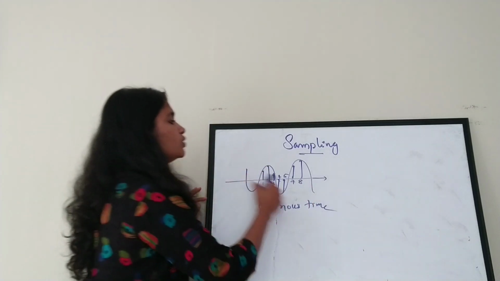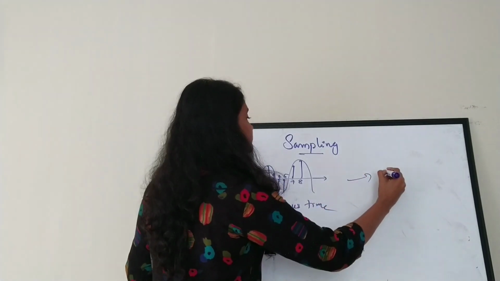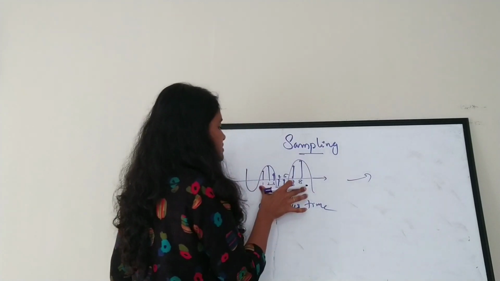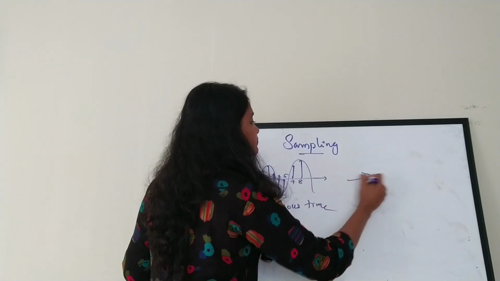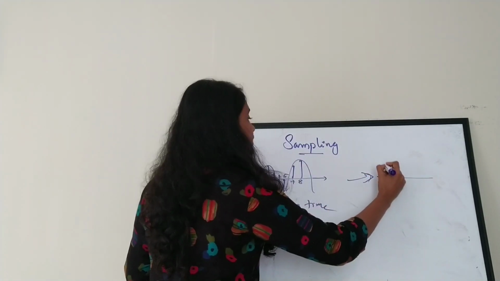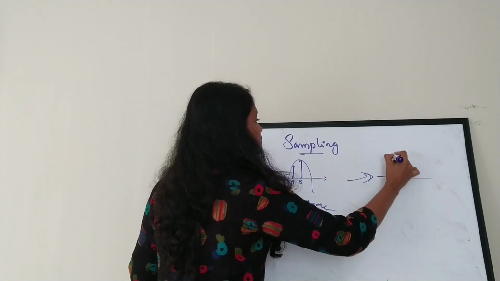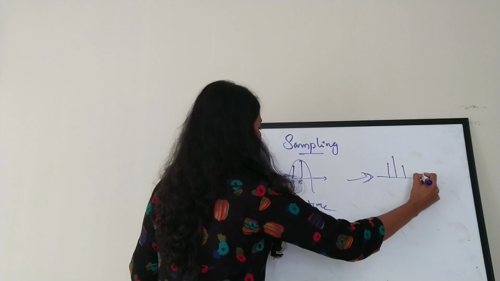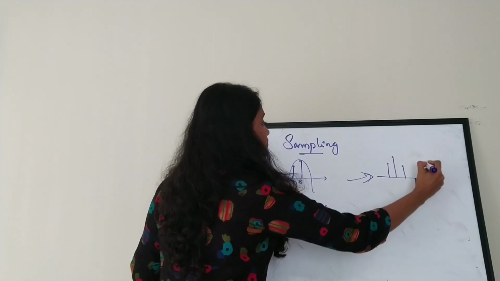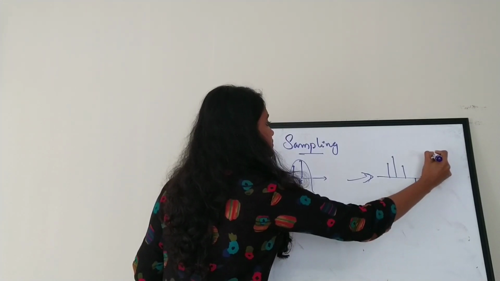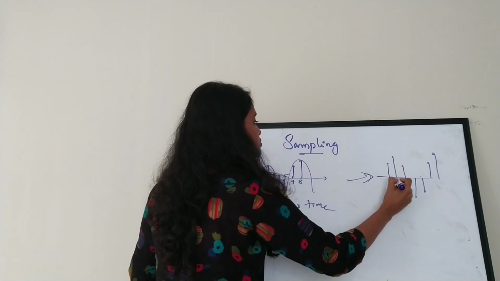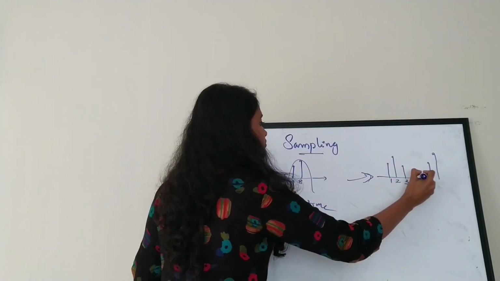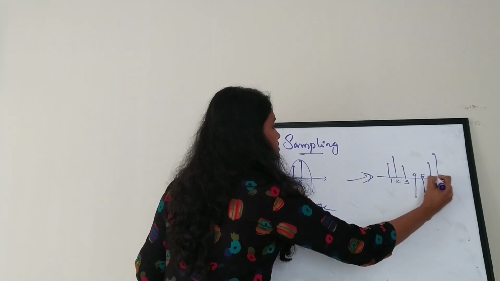So my output will look like this, that is, samples at 1, 2 and 3, 4 and 5, 7 and 8.